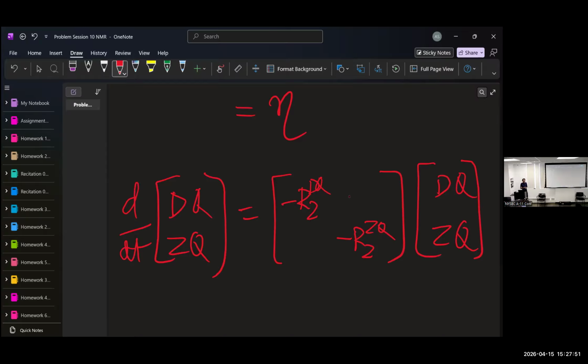Zero quantum relax into double quantum? Why no?